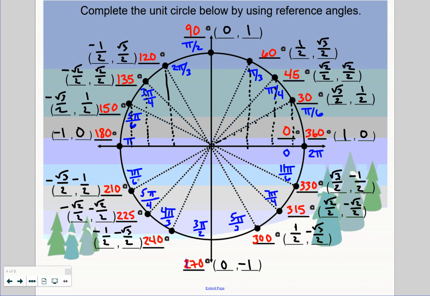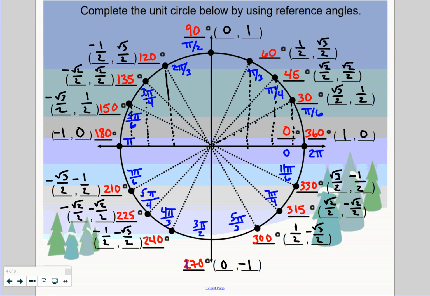One thing you can notice on your circle is everything that's over 6, 5 pi over 6, 7 pi over 6, pi over 6, 11 pi over 6, all of those over 6's are 30-degree reference angles. So anything that's over 6 in our radian measures has the same coordinates as 30 degrees, except once you know what quadrant it's in, that changes your plus and minus signs. Because this is in quadrant 3, they're both negative. Also, you can do the same thing with the other radians.